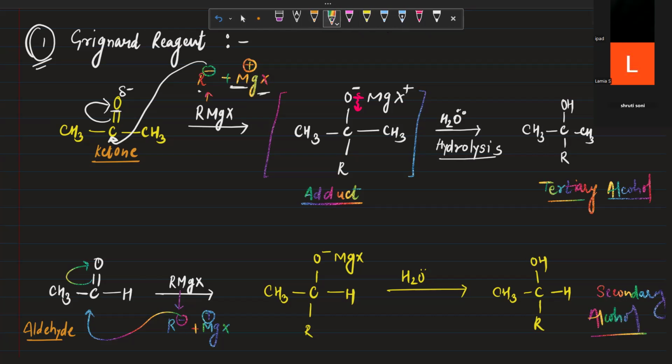Now, if an examiner asks you whether we can prepare primary alcohol with the help of Grignard reagent, how will you answer that?